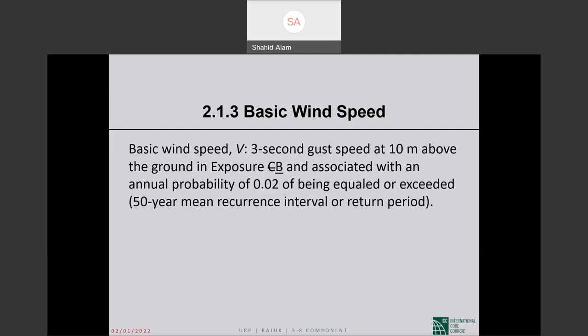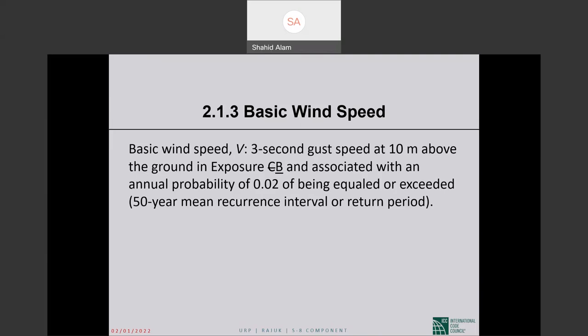Okay. So you have to specify at which height above ground level you are looking at your velocity. So that distance is 10 meters. When we say basic wind speed, it is 3-second gust speed and at 10 meters above the ground.